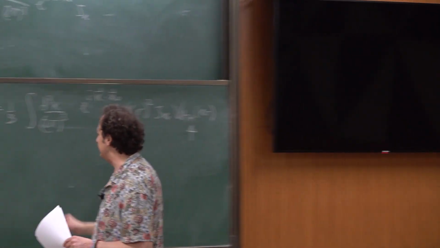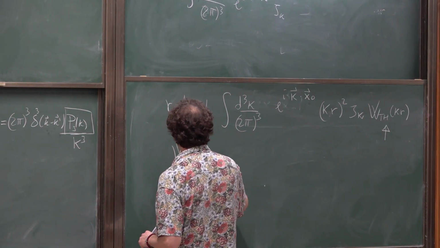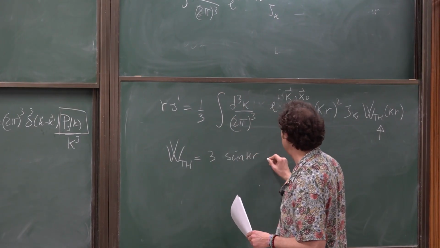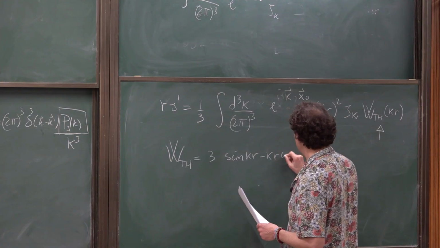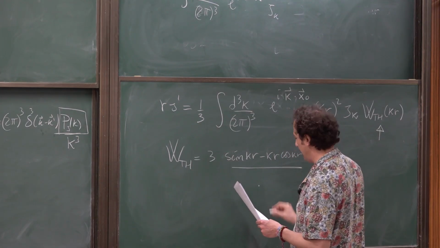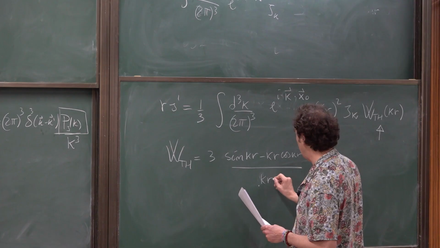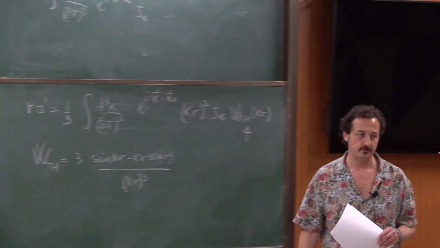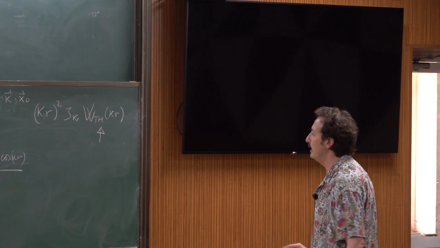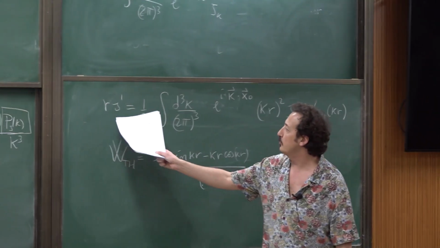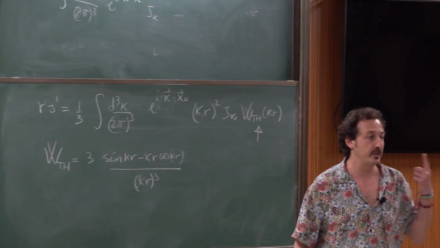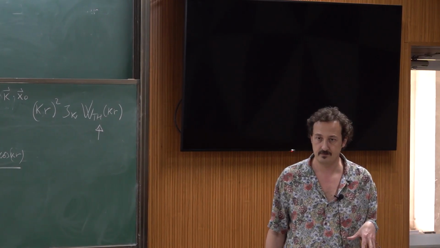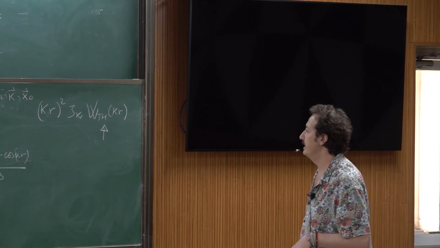It has the following form: 3 (sin(kr) minus kr cos(kr)) divided by (kr) to the cube. Okay. So now, pretty cool, because this function that we need for the compaction function is written in terms of the Fourier modes of our curvature perturbations, whose statistics we know. It's very important.